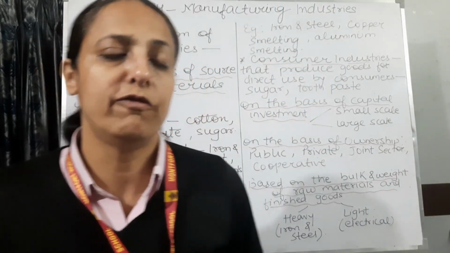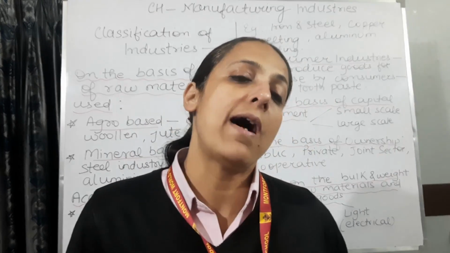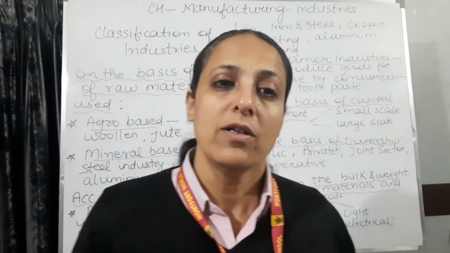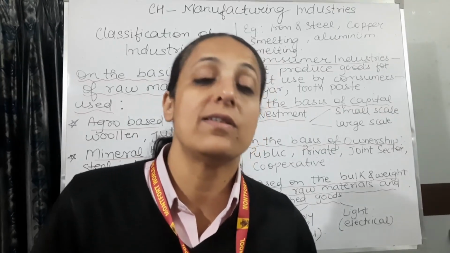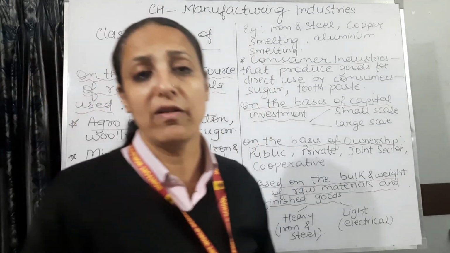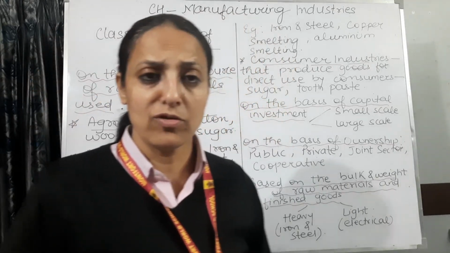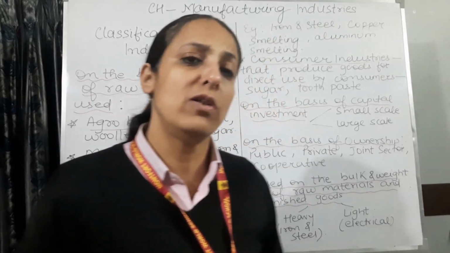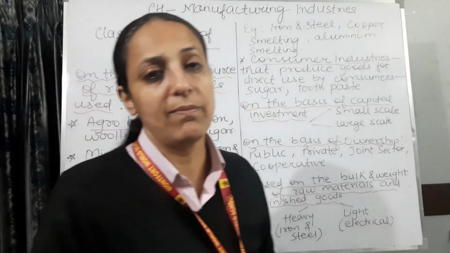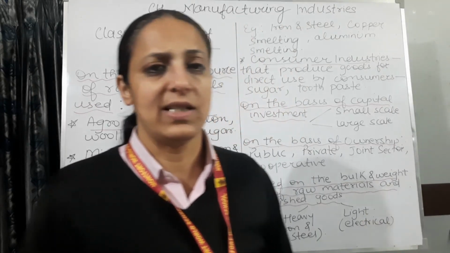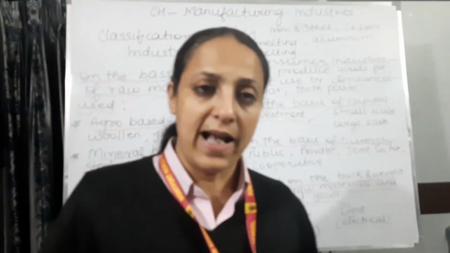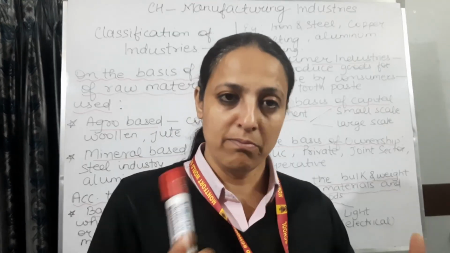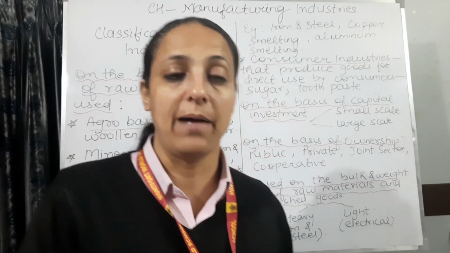So a lot of port facilities are there, like Kandla port in Gujarat and Mumbai port in Maharashtra. A well laid down network of railways and roadways is also there. Mumbai, as the capital, provides all the facilities of a financial center, and Ahmedabad also has insurance and banking facilities. So that's why we have seen the localization of the cotton textile mills in Mumbai and Ahmedabad.